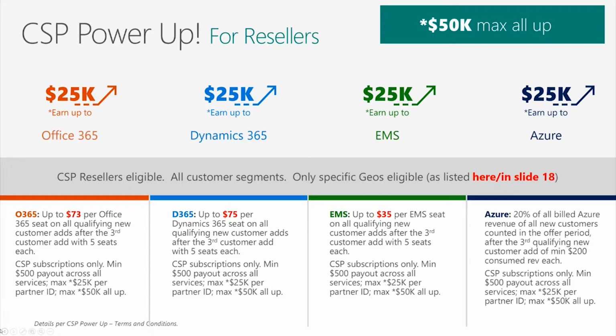The offer period is from the 1st of February up until the 30th of June. And a new Azure customer is a customer using Azure who has consumed more than $200 from February to June. So again, you have to have 3 of those, and once you get the 3, everything after that counts.